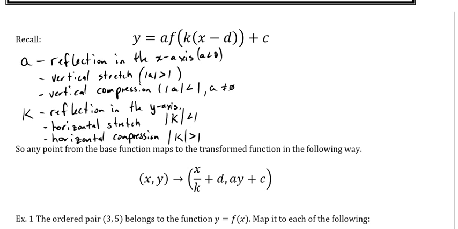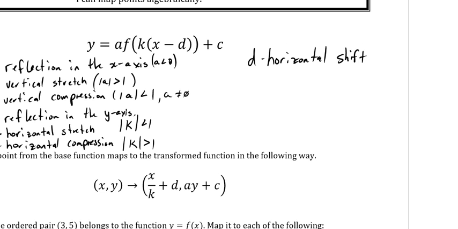Okay, D. It's in the brackets, so it's a horizontal shift. And it goes right. This is tricky, because in here it's minus. If D is positive, that would look like x minus 5, which would be a shift to the right. Opposite impact.